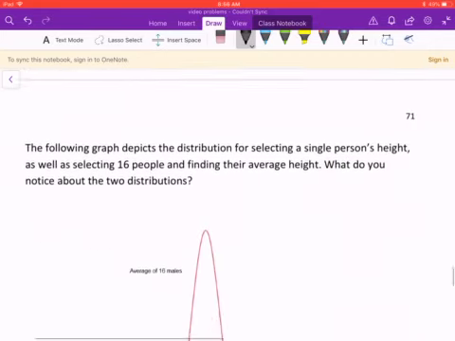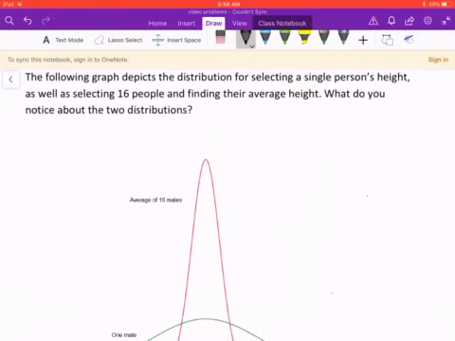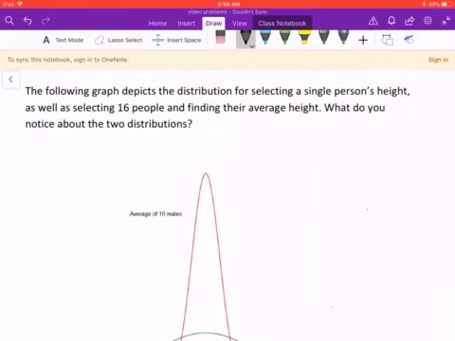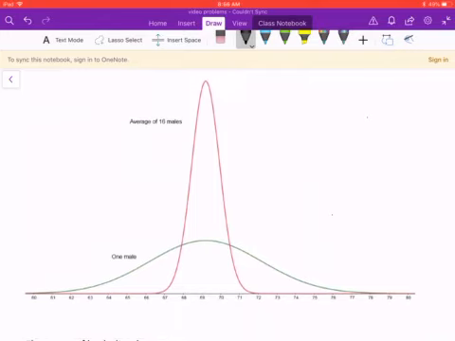So here's where I like to put this all together, and hopefully this makes sense to you. It says the following distribution for selecting a single person's height as well as selecting 16 people's heights and finding their average. What do you notice about the two distributions? You can see the red graph depicts if we average up 16 people's heights, and the green distribution is just selecting a single person. You see that these are both normal distributions, right?